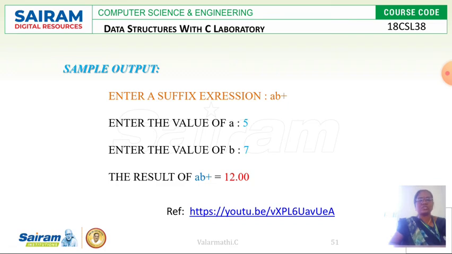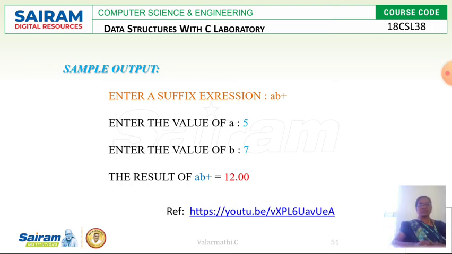The suffix expression is ab plus, and we are giving the values 5 comma 7. The addition of 5 and 7 produces the result 12, right? So this is the evaluation of expressions using a stack. I hope you understand this first part of this experiment.